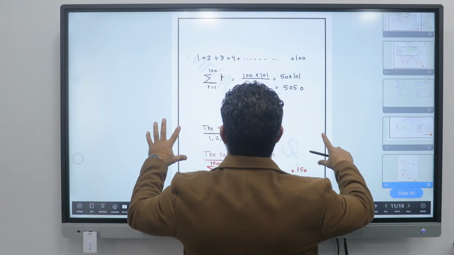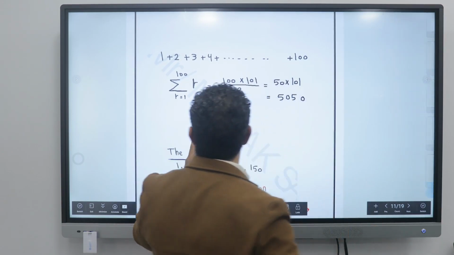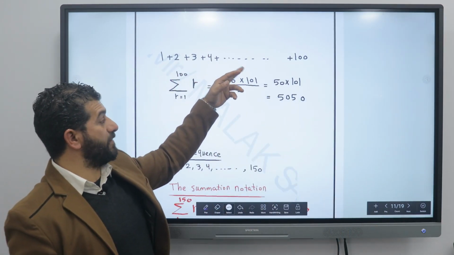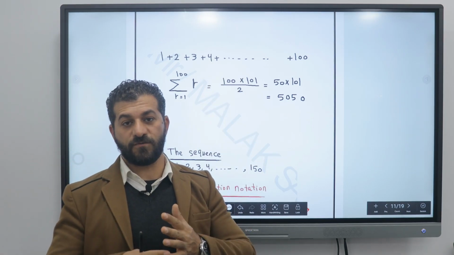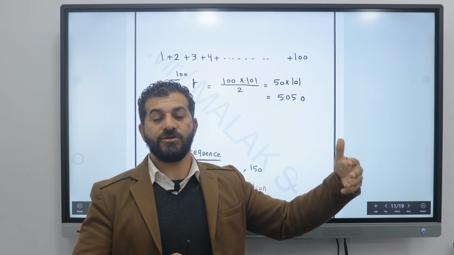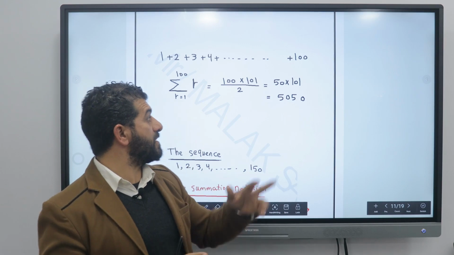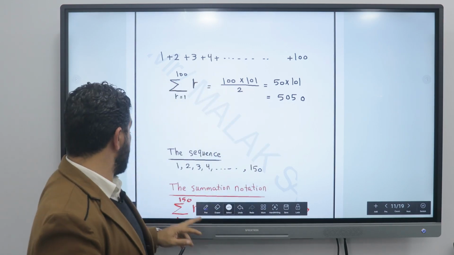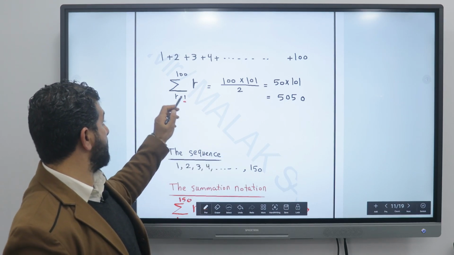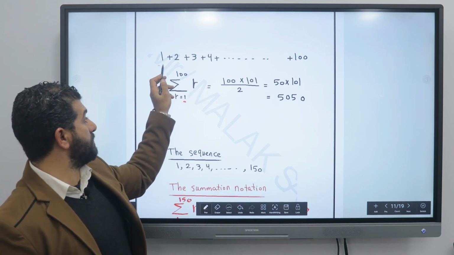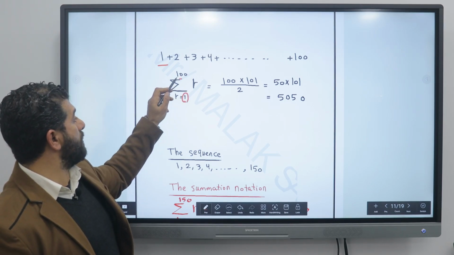Let's have a look at the sequence here. From 1, 2, 3, 4, 5, if someone asks you, find the sum of all numbers starting from 1, 2, 3, 4, 5, 6 to reach 100. So here we have 100 terms, from 1 to 100. So we can apply the rule here. This is the sum of all terms of this sequence r, from 1 to 100.